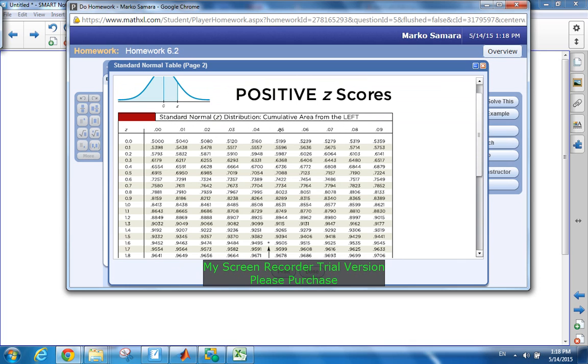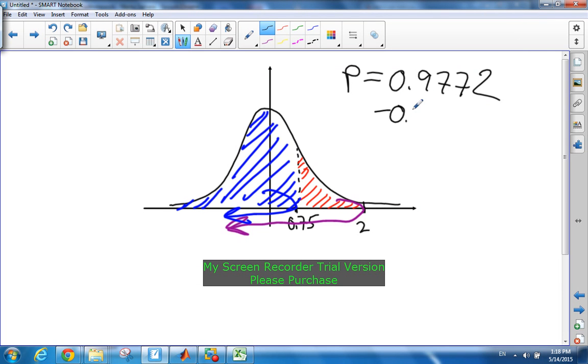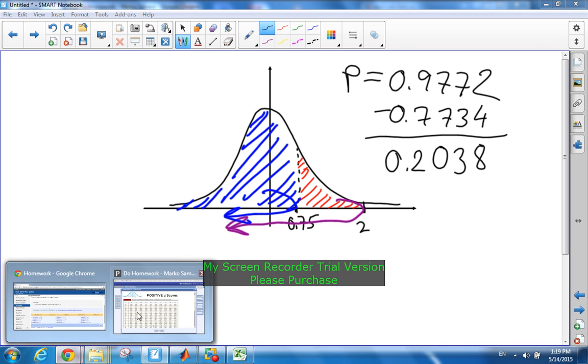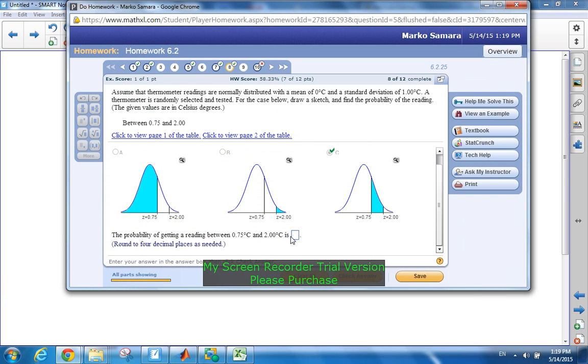So for 0.75, that number is 0.7734, and we need to subtract these two numbers, so that's 0.2038 if I'm not mistaken.